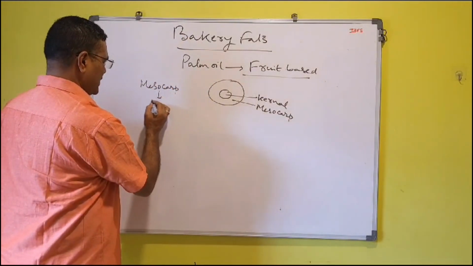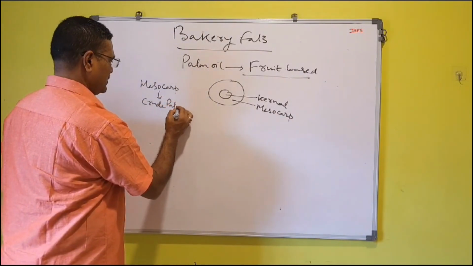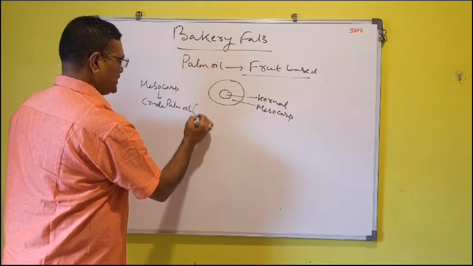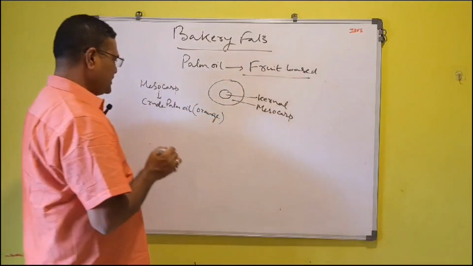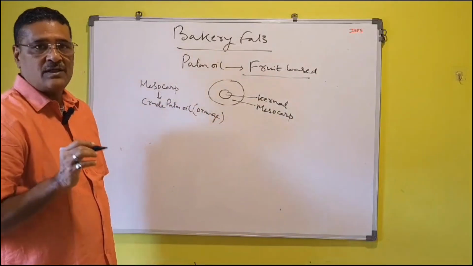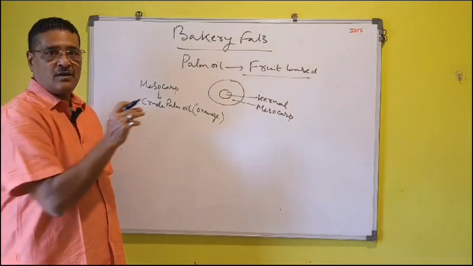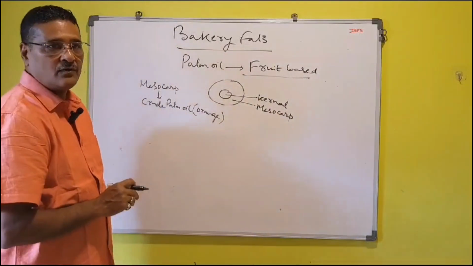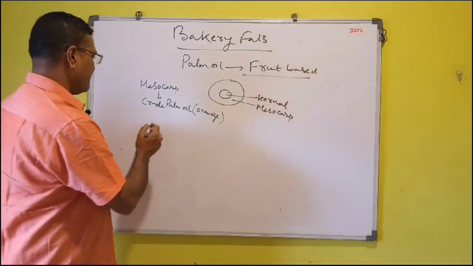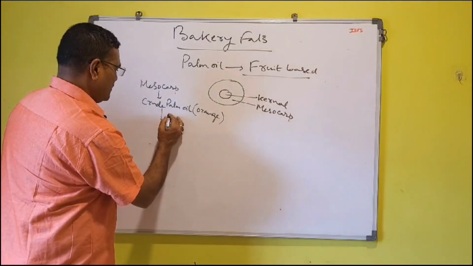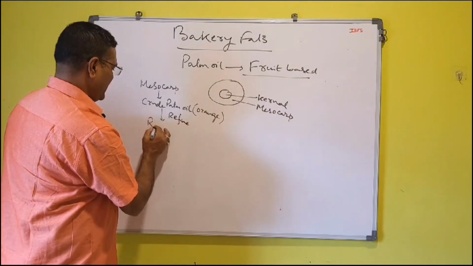From the mesocarp, you get crude palm oil, which is orange in color. The origin of this oil is Malaysia and Indonesia because Mother Nature has gifted this land to grow this kind of fruit. The weather is suitable enough for this fruit. We refine it to get refined palm oil.